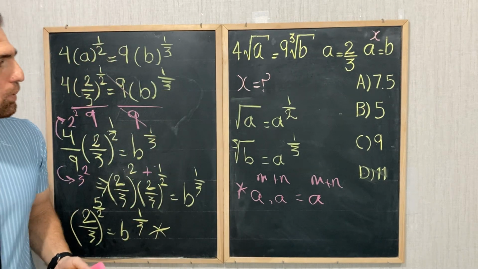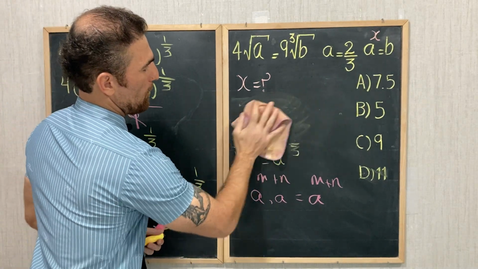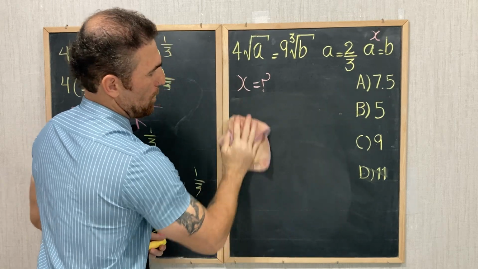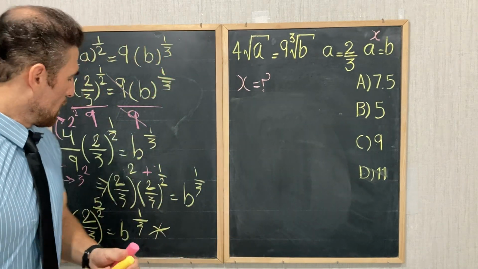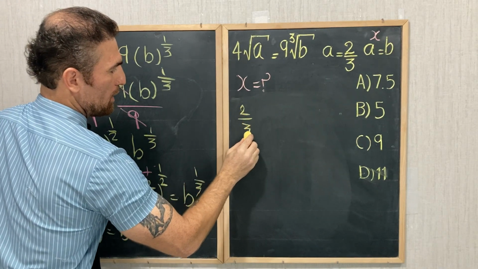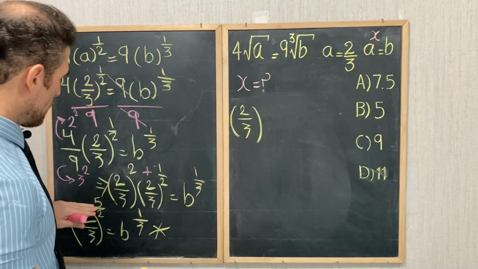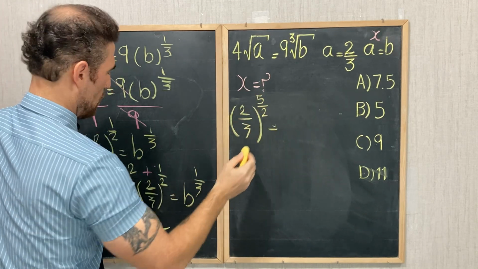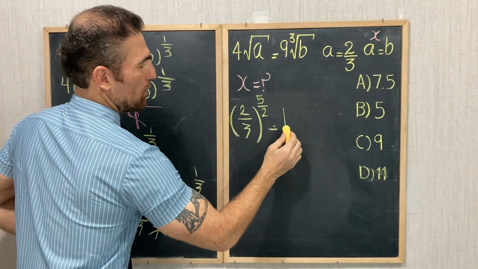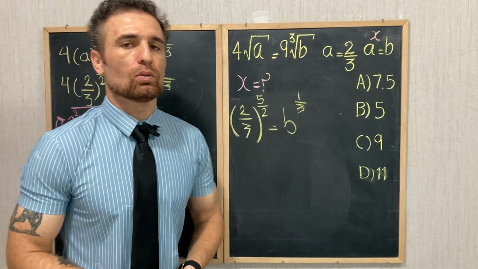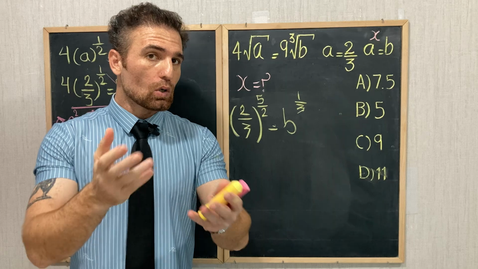Let me erase this part to continue the solution. Now, here we have 2 over 3 raised to the power of 5 over 2 equals b to the power of 1 over 3. How can we continue the solution? Now this is your turn.